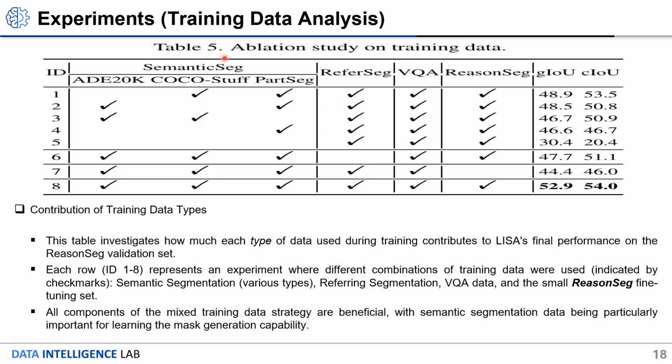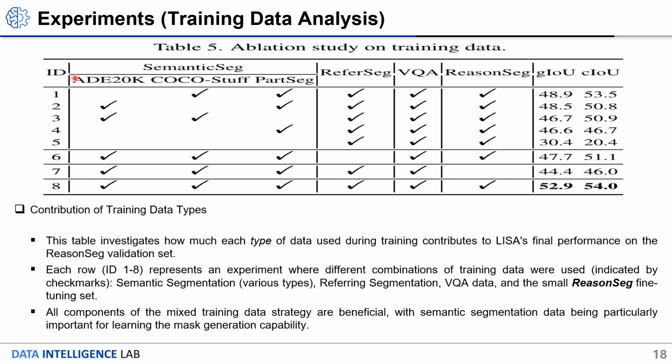Okay, so for table 5, a training data analysis. This table investigates how much each type of data used during training contributes to LISA's final performance on the ReasonSeg validation set.